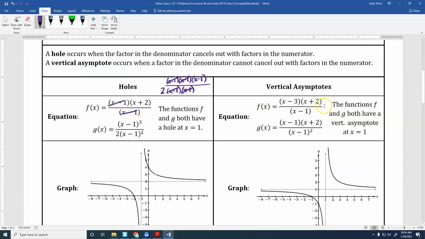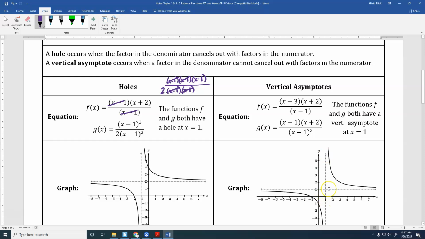Okay, vertical asymptotes are going to be the lines that we get closer and closer to. They look like this right here where we approach a value. So this graph also has a vertical asymptote right here, but it has a hole at this point. This graph has a vertical asymptote at x equals 1.